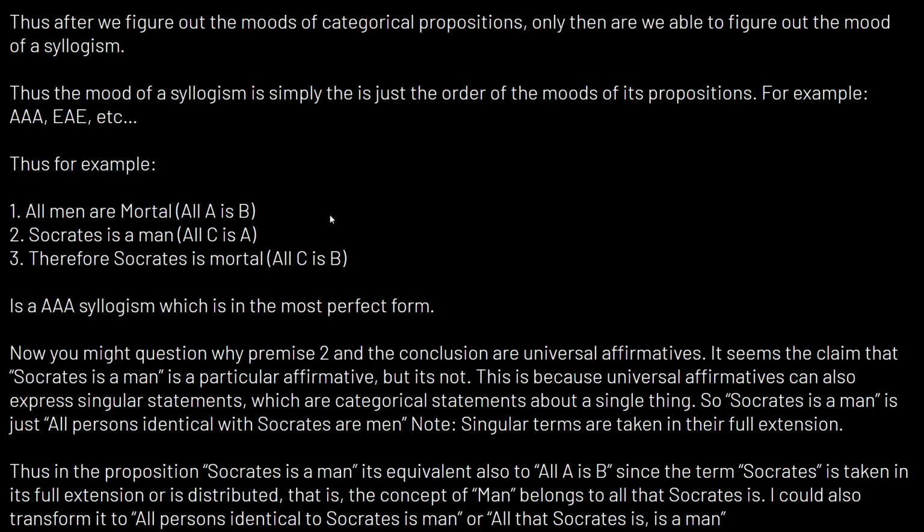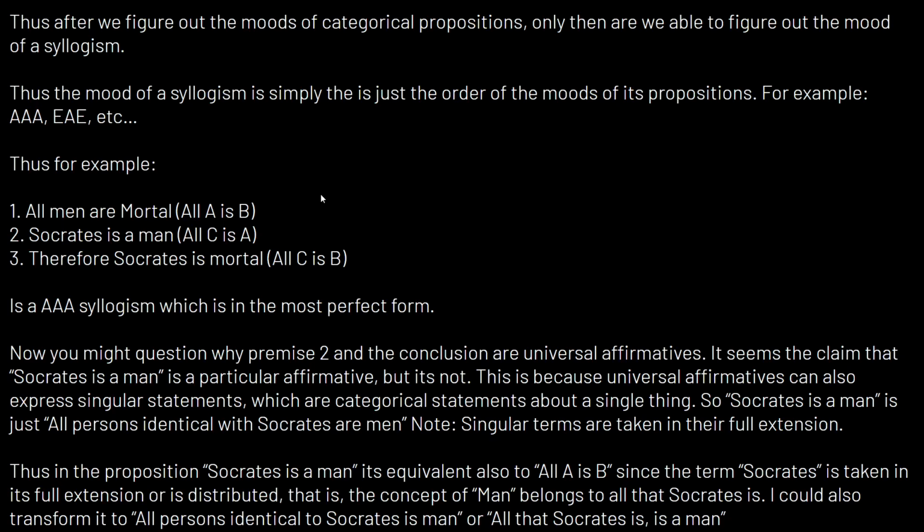Okay, thus, after we figure out the moods of categorical propositions, only then are we able to figure out the mood of a syllogism. So simply, the mood of a syllogism is really definitionally just the order of the moods of its propositions.